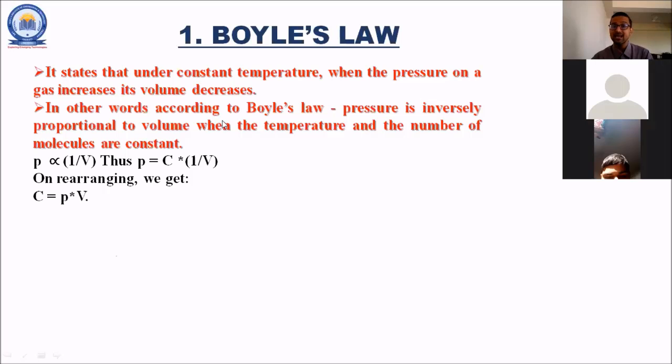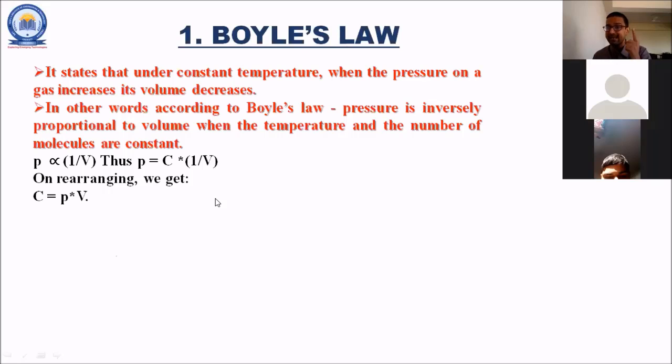So in other words, according to the Boyle's law, the pressure is inversely proportional to the volume when the temperature and the number of the molecules are constant. So this is an important characteristic of the Boyle's law.